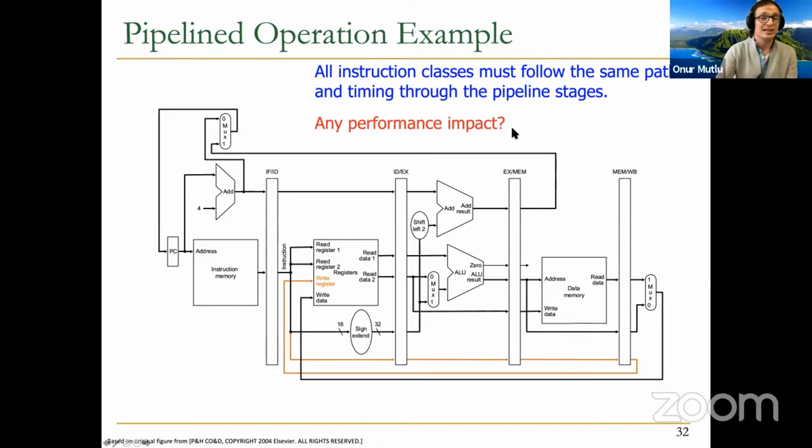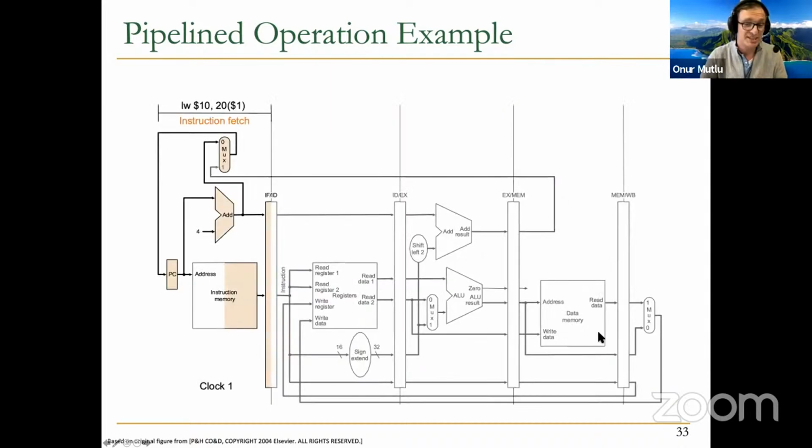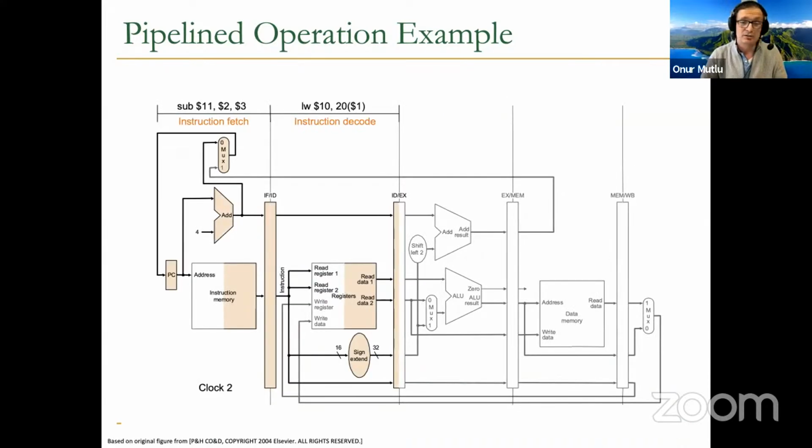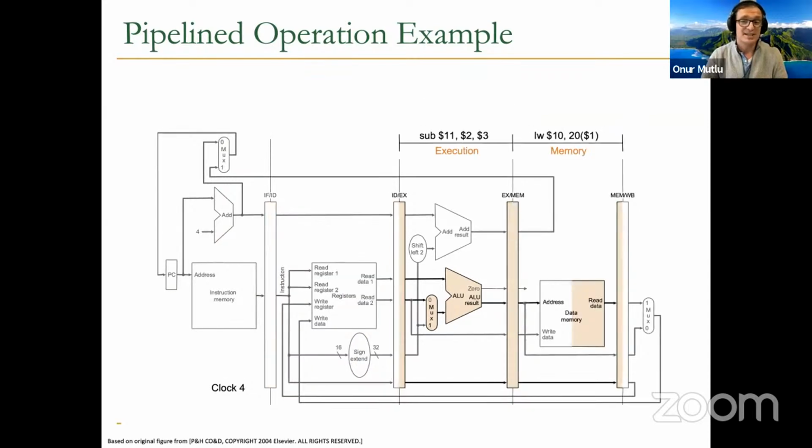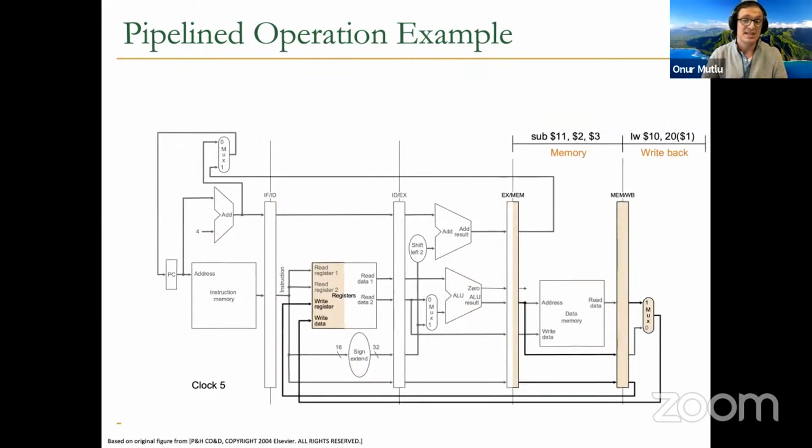All instruction classes must follow the same path and timing through the pipeline stages. Any performance impact? Yes, absolutely. We're making an add instruction go through the memory access stage, so we're wasting time. Load word is fine, but subtract, for example, doesn't need the memory access stage. Just so that the pipeline can operate nicely, we have to ensure that every instruction goes through the same pipeline stages.